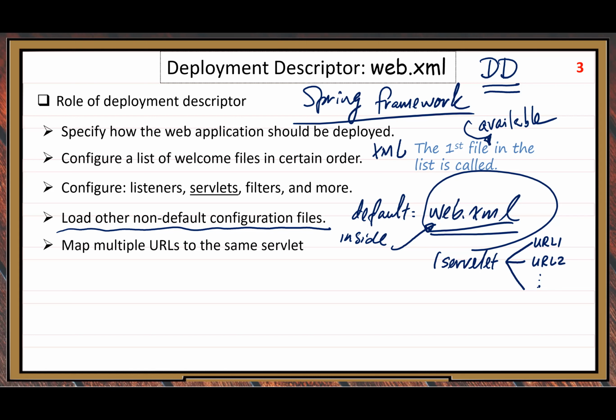All right. Next one. Create multiple instances of a servlet. This part is a little confusing. Create multiple instances of a servlet. You know the instance of a Java class, right? Usually we use a Java class to create objects, Java objects.